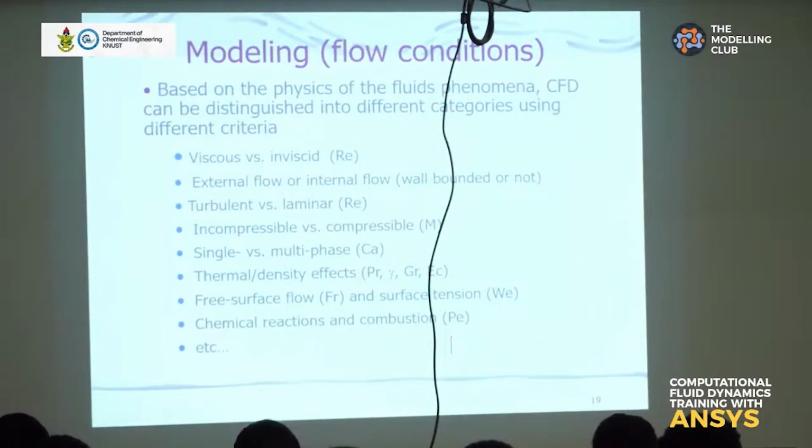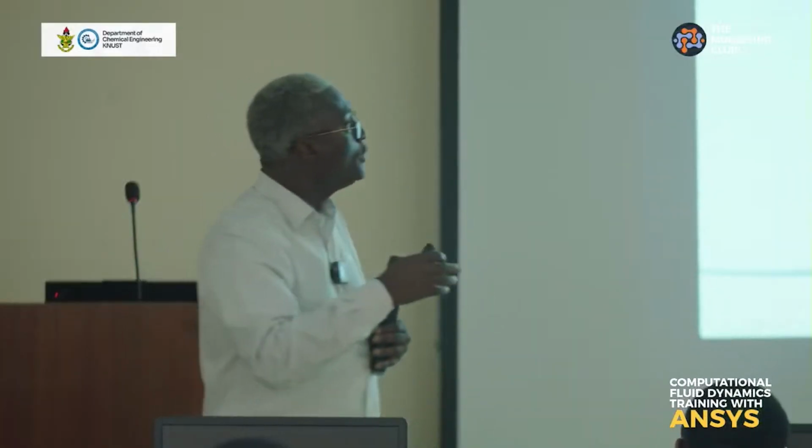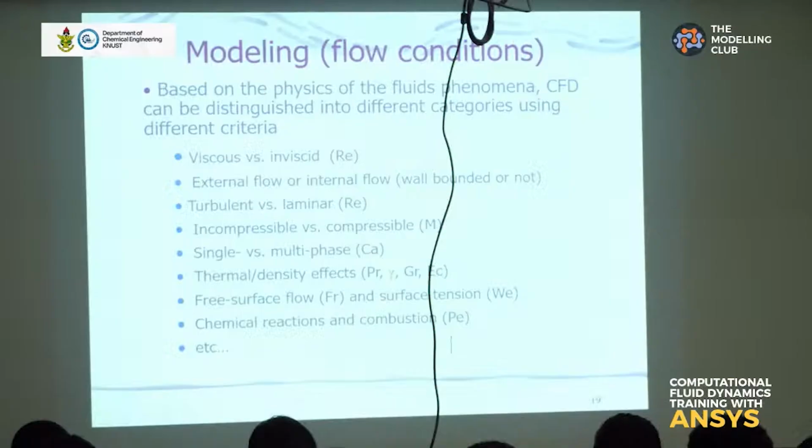If the problem is internal or external, remember the example that I gave, where we're looking at the release from the floodgates in a dam. That is an open channel flow, so we'll classify that as an external flow.